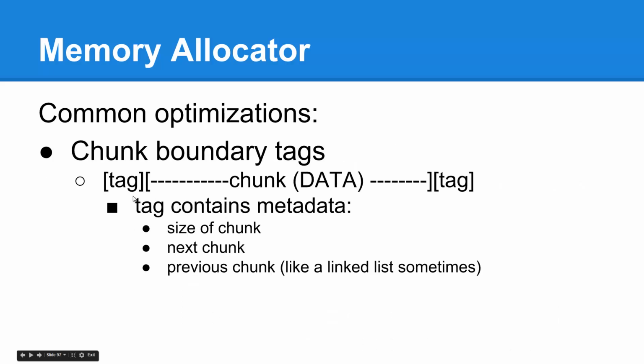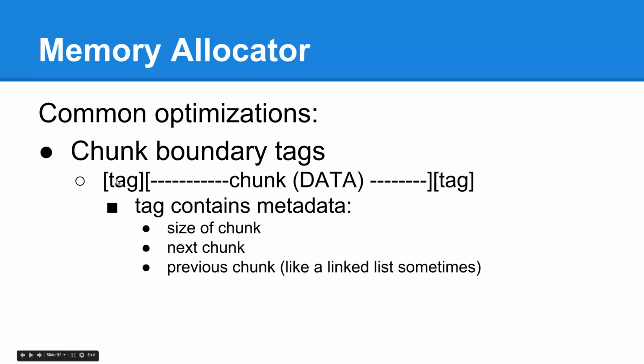Typically, when malloc is called, a chunk will be created that looks like this. There's some metadata at the head of it called the header. There's the chunk itself. The pointer will point to here, to the 0th byte of where the data should be written. And then there's metadata at the end, the footer. These are called tags.